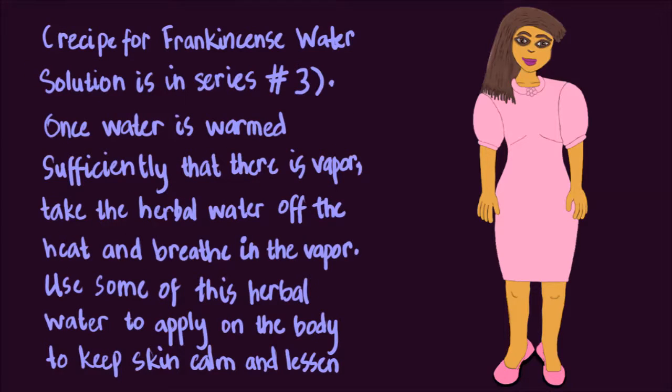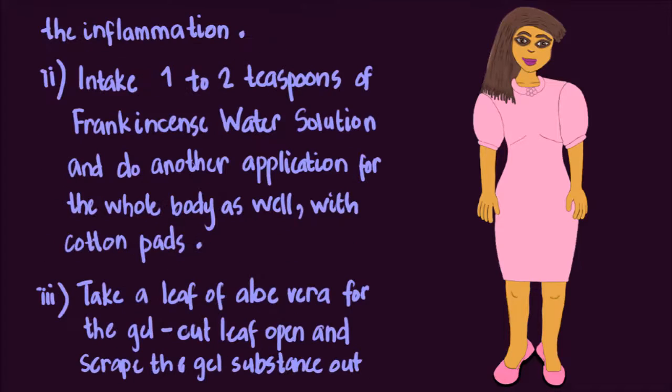Recipe for Frankincense Water Solution is in series number 3. Once water is warmed sufficiently that there is vapor, take the herbal water off the heat and breathe in the vapor. Use some of this herbal water to apply on the body to keep skin calm and lessen the inflammation.